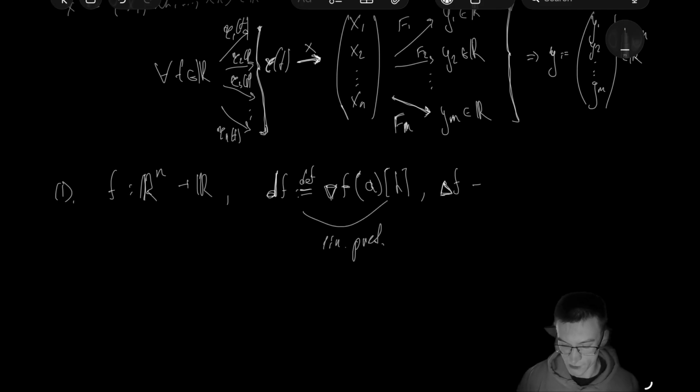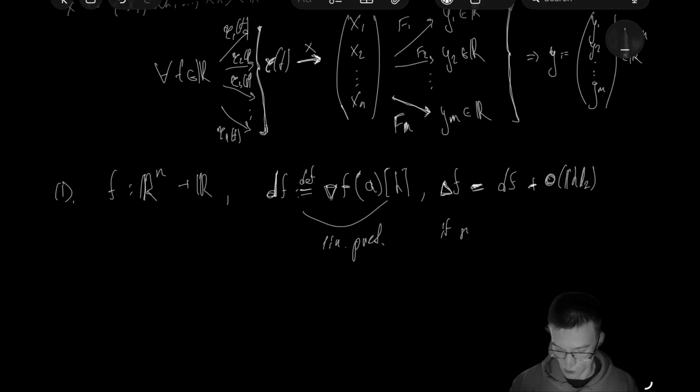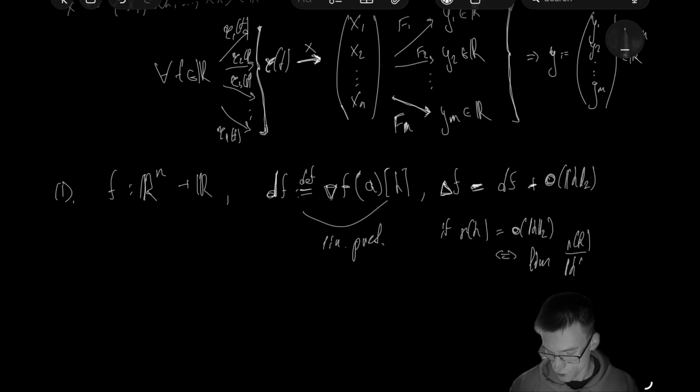But this part, delta f, is equal to the total differential plus small o of the second norm of the displacement vector. And what is that? Well, r of h equals small o of the norm of h is equivalent to the limit of r of h over the second norm of h, when h approaches 0, equals 0.